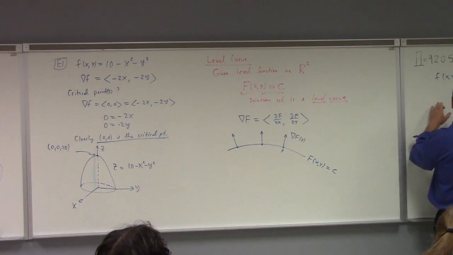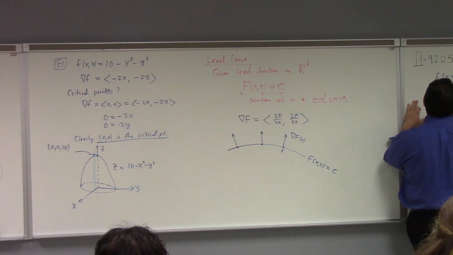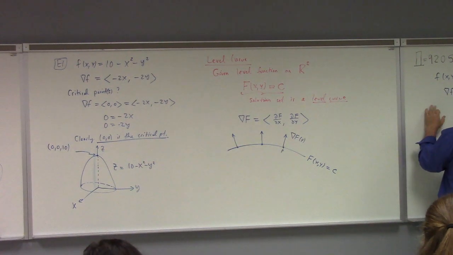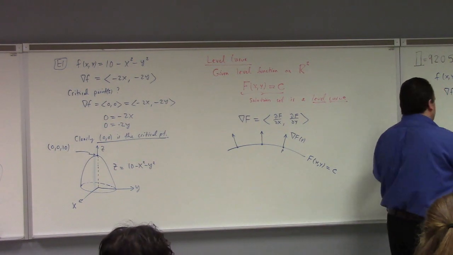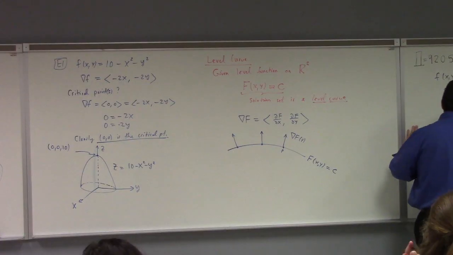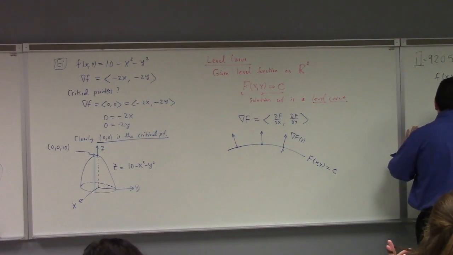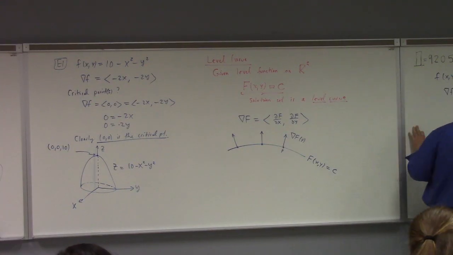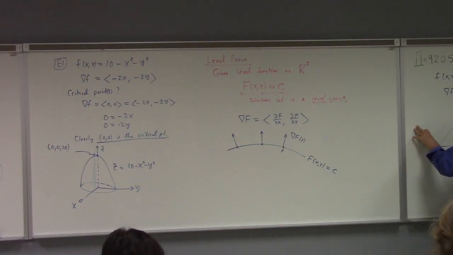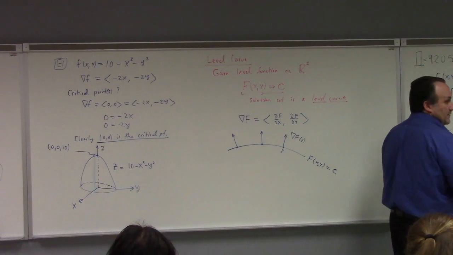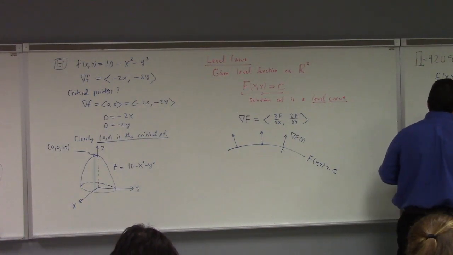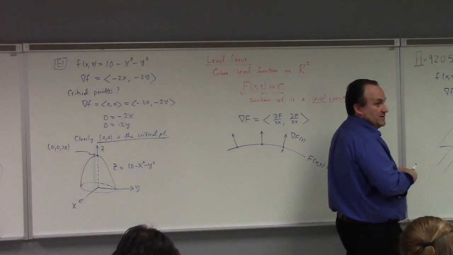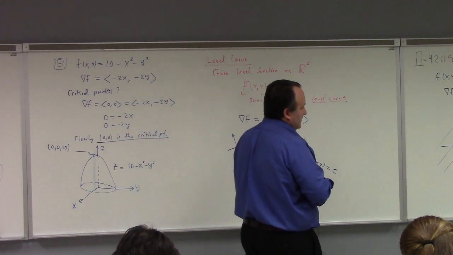And if I calculate the gradient of f, what do I get? I get m, minus 1. And if I was to plot the level curves here, with slope m, you have different choices of b, of course.